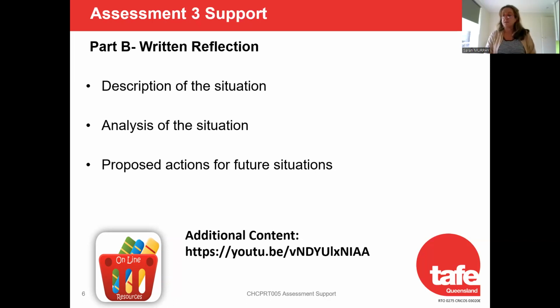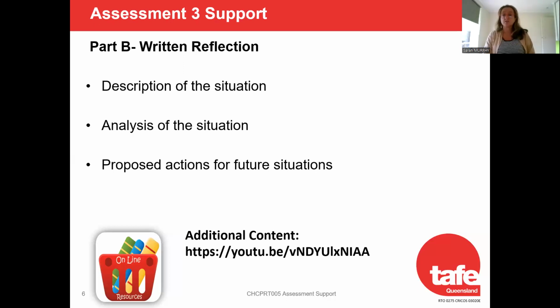You need to give a description of the situation. What happened, what other people said, what did I do, just all about the situation, and then an analysis of the situation.